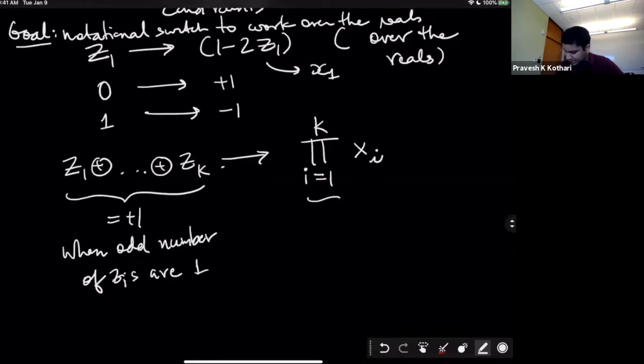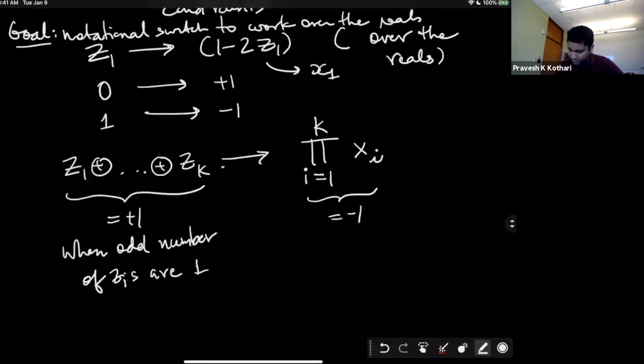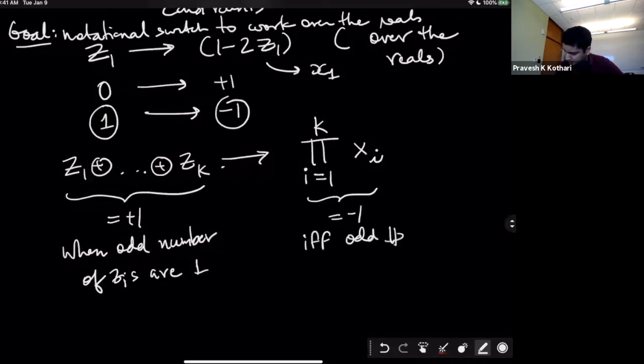And you see that the corresponding thing happens on the right hand side. So this expression takes the value -1, which is the analog of 1 in this transformation, whenever an odd number of xi's are -1. Just in case you were confused about this map, that should settle it. Good.